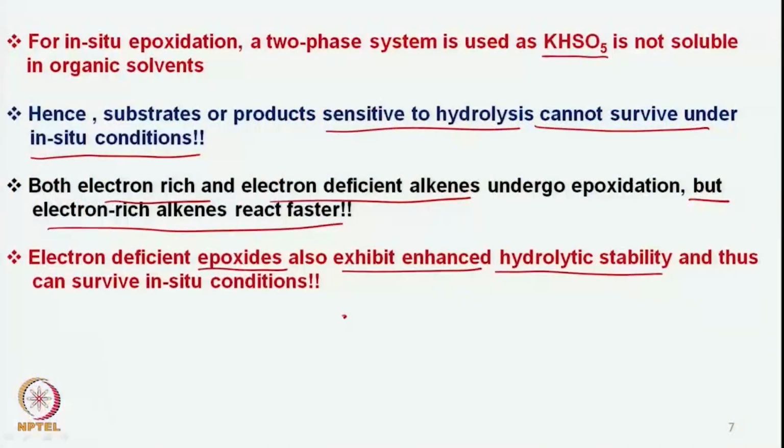Say for example, if you have an electron withdrawing group here on the epoxide and another electron withdrawing group here, obviously this formation would be somewhat slow, but then during hydrolysis this bond would not easily break because we would be generating some positive charge here, and that would be next to the electron withdrawing group. So there is an advantage of hydrolytic stability once the epoxide is formed after the epoxidation of electron deficient olefins.